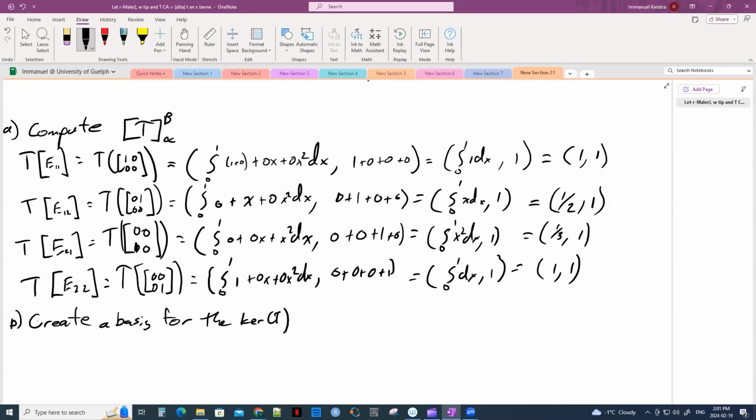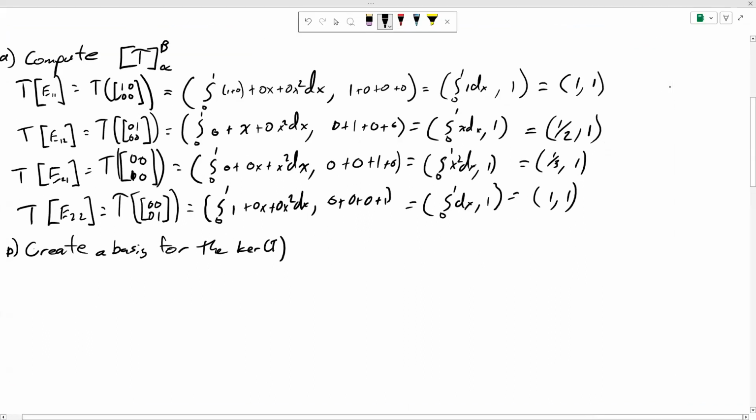So combining these together, and I'll just make this bigger, we get that T of alpha beta is equal to 1, 1, 1/2, 1, 1/3, 1, 1, 1.